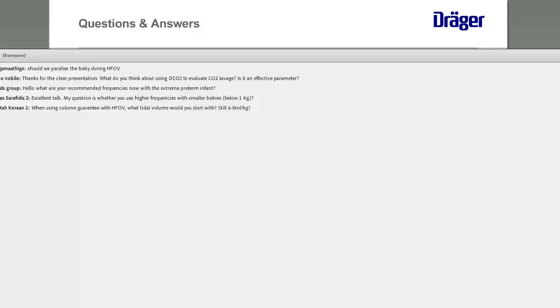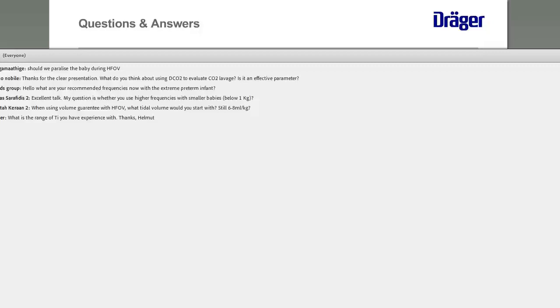So if you are trying to set the ventilator to keep the baby within normal PCO2, at the beginning sometimes you need to modify the frequency very fast, but at the end, when you find a PCO2 level close to the target, the only thing you have to do is increase or decrease delta P. And if you leave the ventilator alone with the volume guarantee modality, then the ventilator is going to increase or decrease delta P by itself.